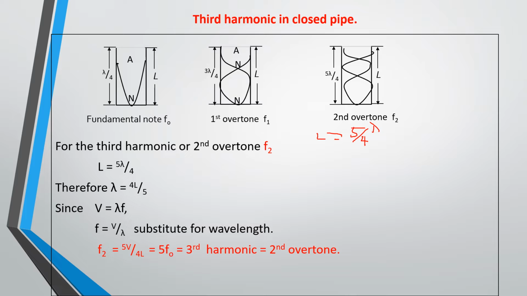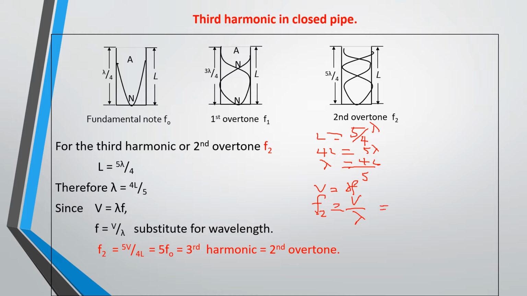So as we did for the other one before, if you cross multiply, you have that 4L is equal to 5 lambda, and that lambda is equal to 4L all over 5. So from v = lambda f, f2 will be equal to v over lambda.